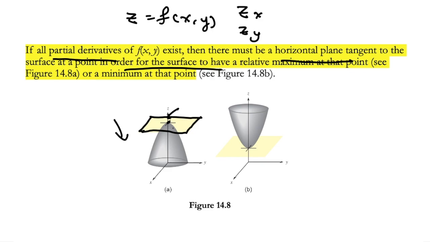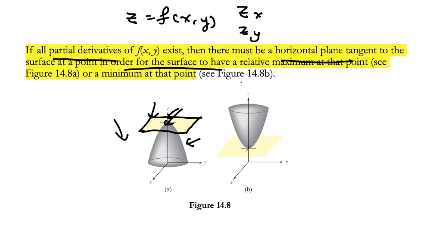So this cream color plane is a horizontal plane, and you put it on top of the maximum point here. So this plane becomes tangent to the maximum point of this 3-dimension graph.